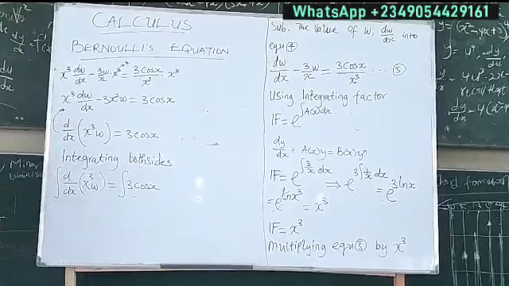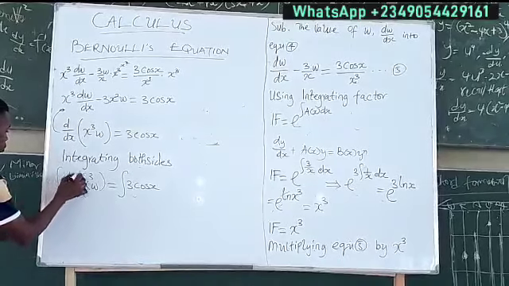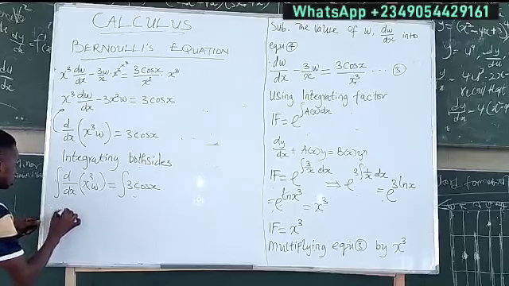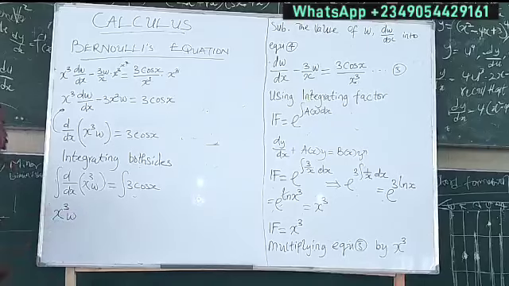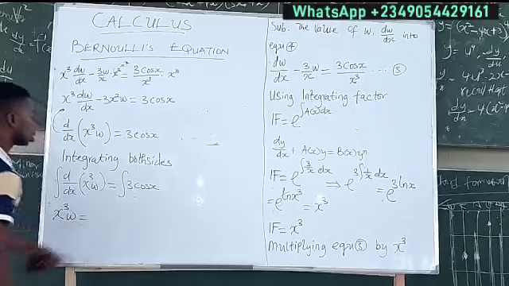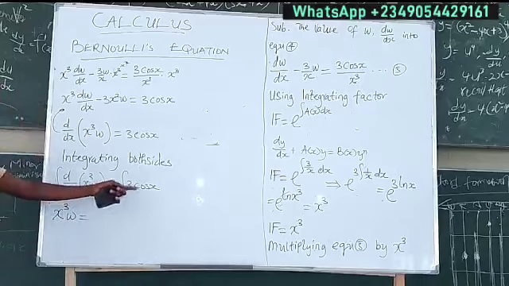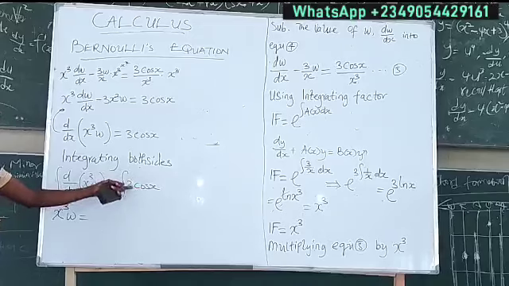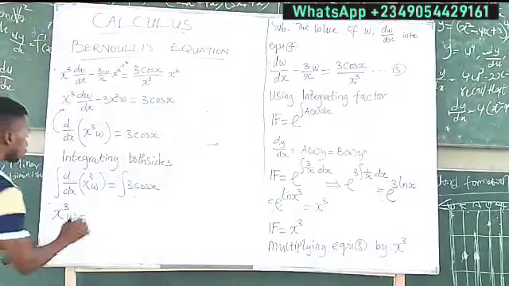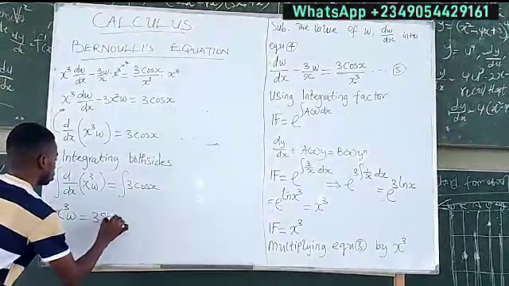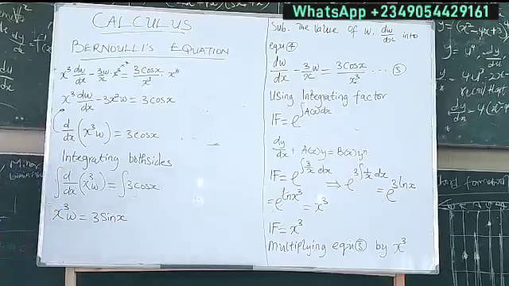Integrating this, our integral sign will cancel out this, and we will be left with x raised to the power 3 w. Then if you are integrating this one, our 3, that is the constant, will come outside, then we integrate cos x, then it becomes 3 sin x.